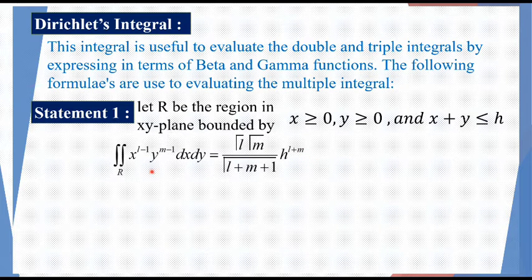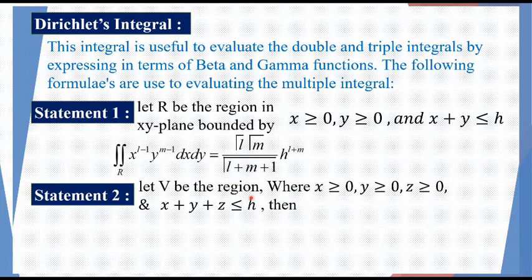It means that if there is a double integration in this particular form and the limits are in this particular form, or if we convert the limits into this form, then we can write this double integral directly in the gamma function form.